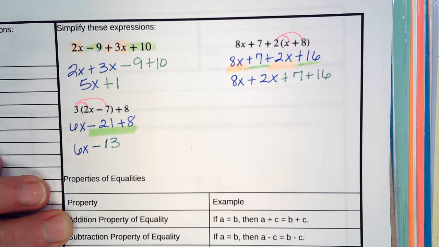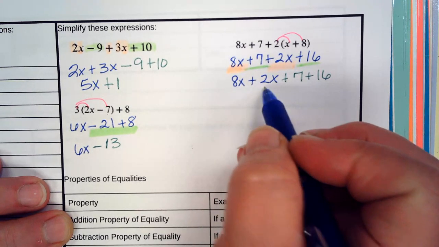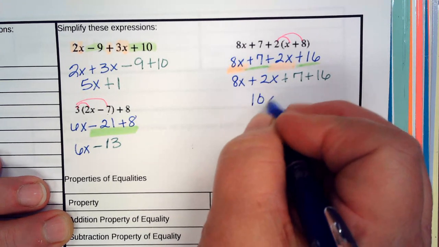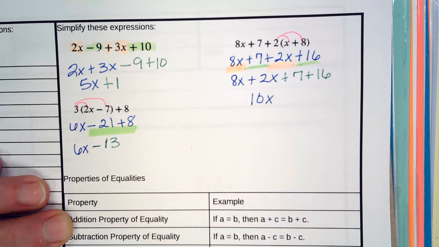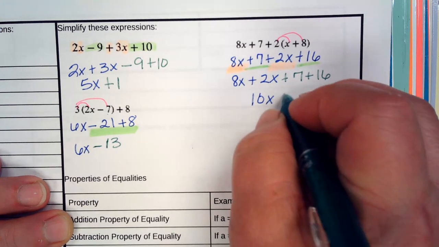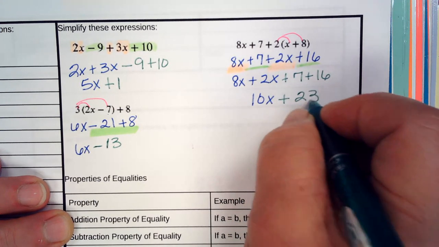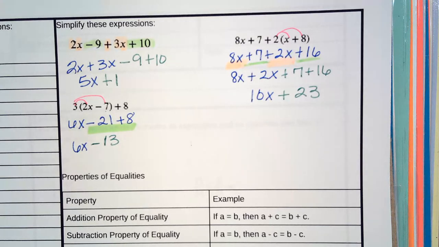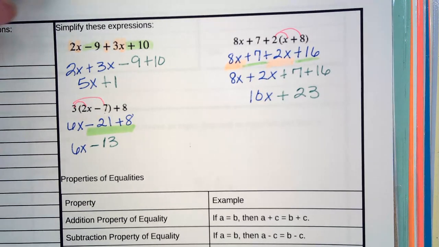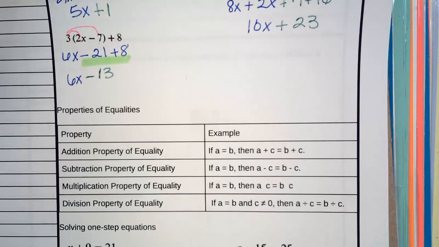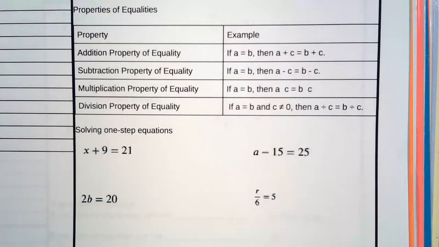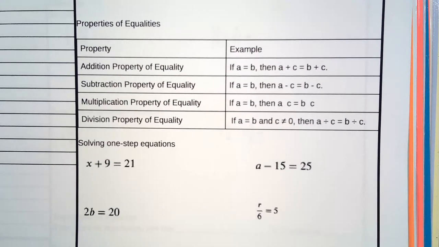Put it all together. 8x plus 2x is 10x. 7 plus 16 is 23. And we're done. As you notice, if we're simplifying an expression, we do not ever get a single number. Normally. Every once in a while it will happen.